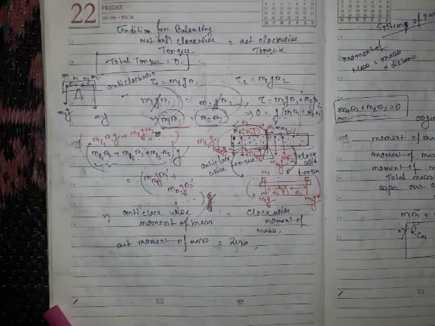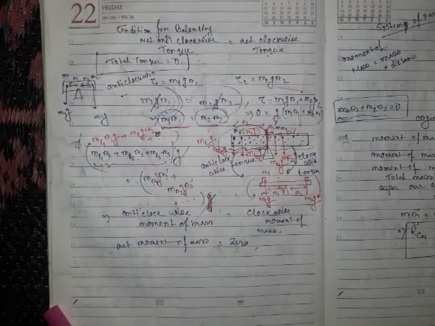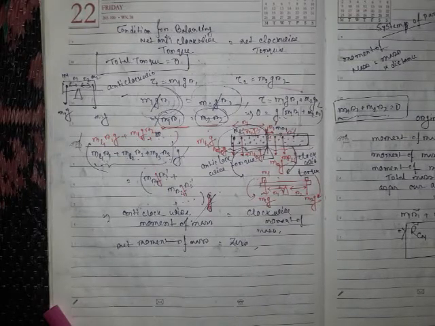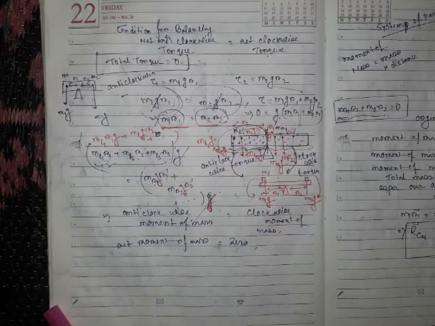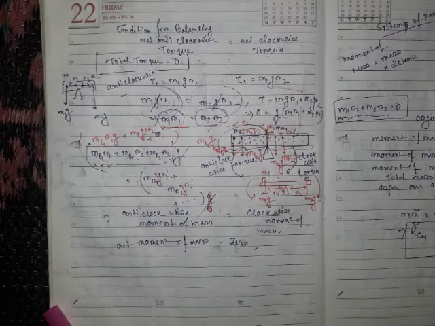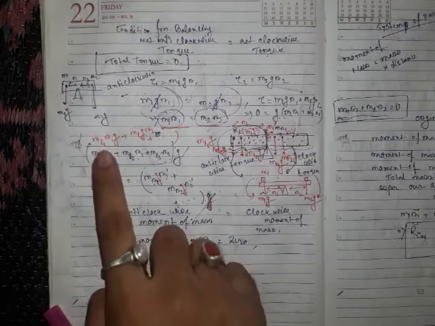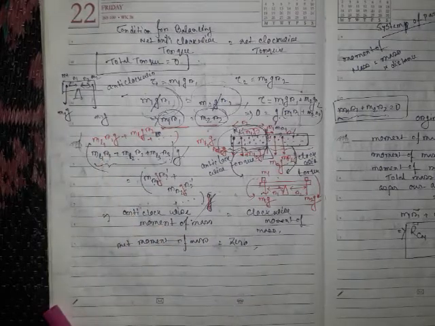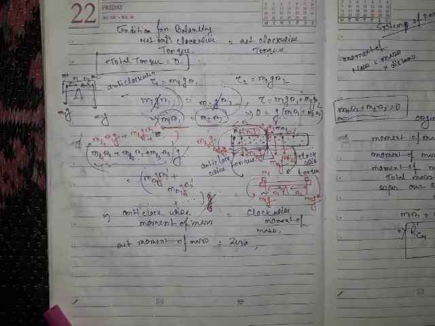Force into distance from the axis of rotation is the moment of force. Momentum multiplied by the distance from the axis of rotation is the moment of momentum, that is called angular momentum, and the moment of force is called torque. Like that, mass multiplied by the distance from the axis of rotation is called moment of mass.